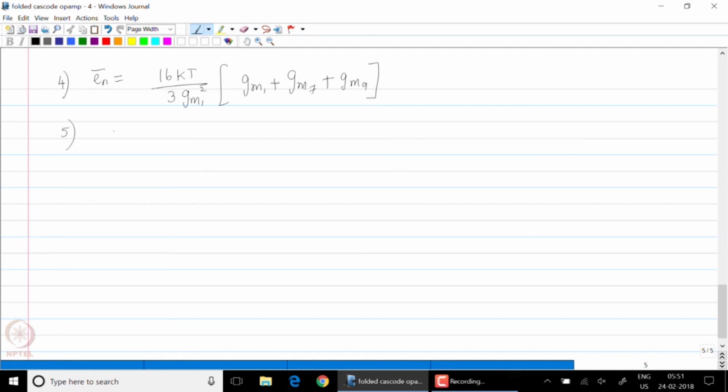And the input referred offset is going to consist of the offset of VT1 and 2 directly appearing, and you have scaled versions of VT7 and 8 and VT9 and 10.